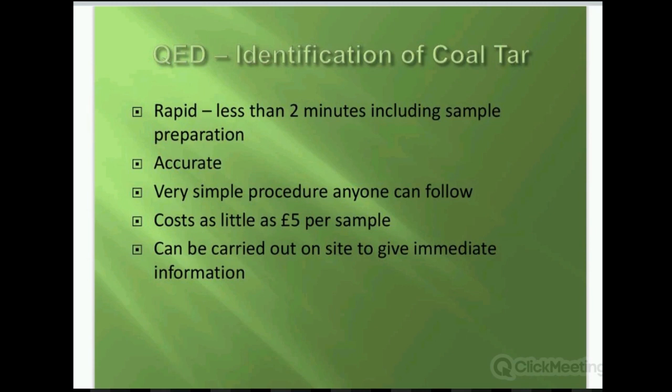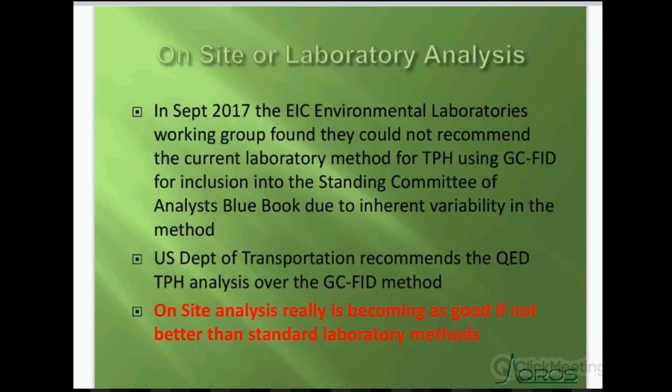There aren't many of those around. So all of a sudden the cost of digging holes in the road goes through the roof, unless you start using the QED to give you very rapid analysis data, so you'll know exactly what the hazard classification is. Because at the end of the day, with utilities arisings, the vast majority of the time, the reason it is classified as hazardous is because of the coal tar in the road binder.